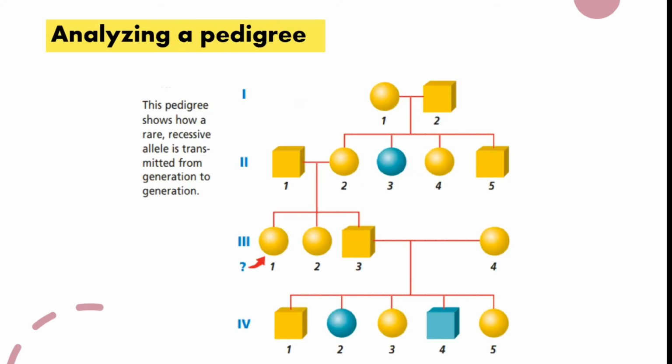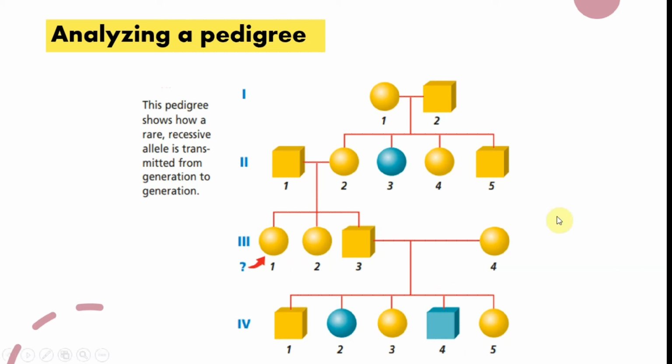Analyzing a pedigree. An example of a pedigree for a fictitious rare recessive disorder is shown in this photograph. This genetic disorder could be any of several recessive disorders, which shows up only if the affected person carries two recessive alleles for the trait.